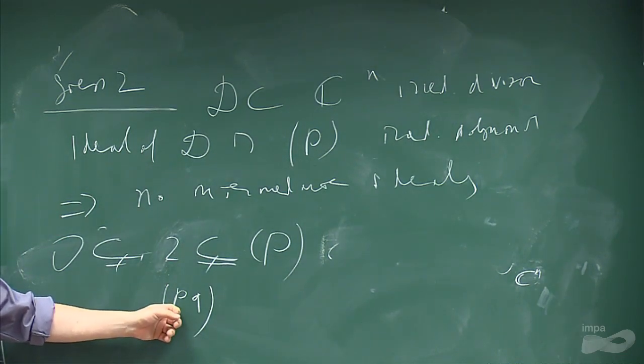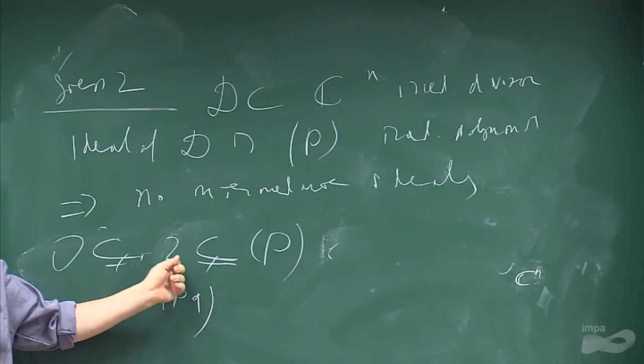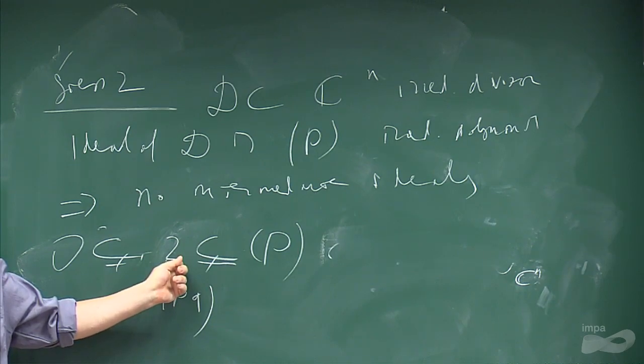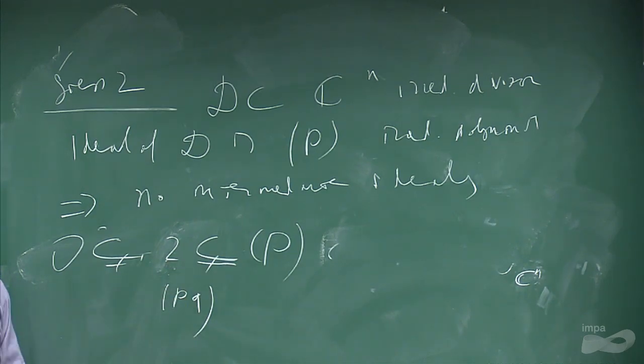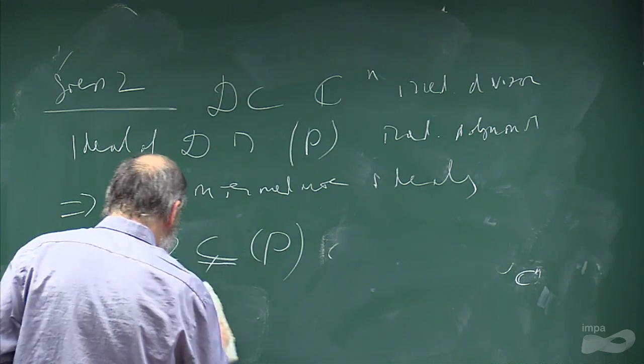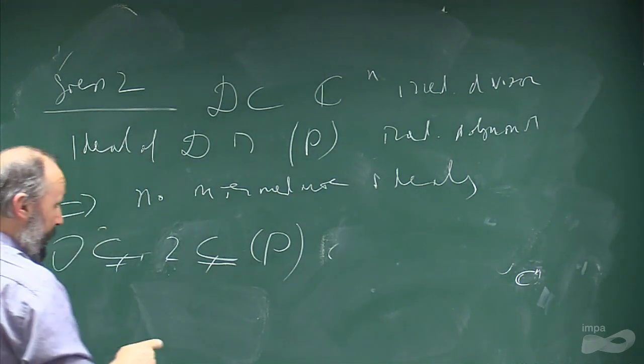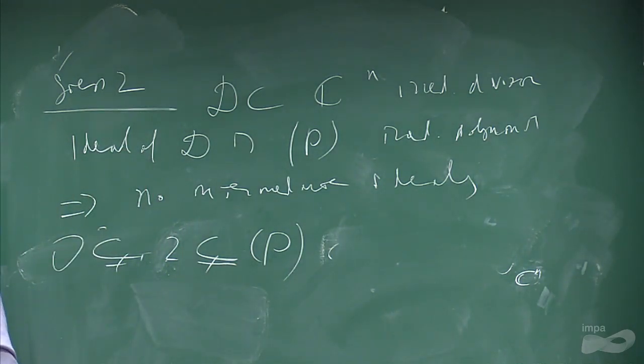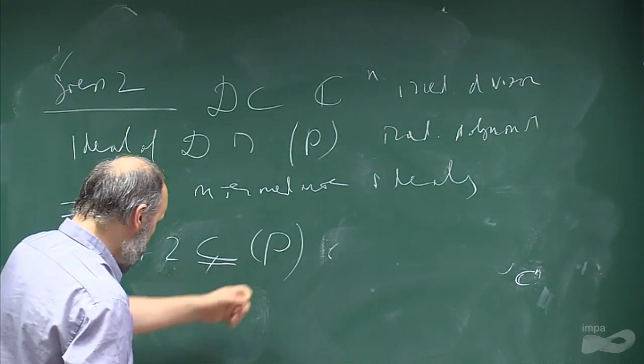But what is important is that both P and Q don't belong here. Then this can't be prime. Am I clear? Okay, sorry. So this is impossible because this is an irreducible polynomial, and this is a principal ideal.